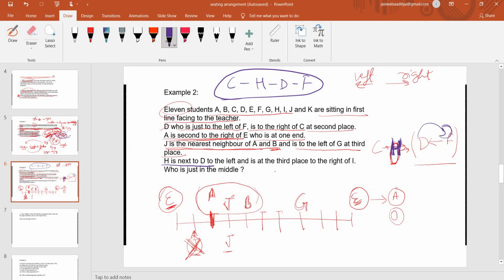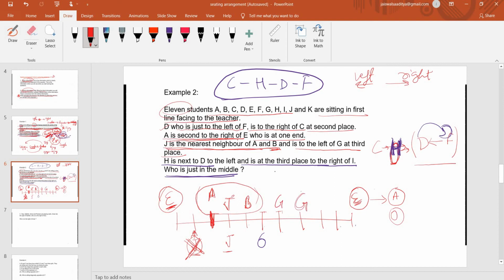Okay, H is to the left of D and at the third place to the right of I, who is just in the middle. See, okay, there is a mistake. Okay, I told you about this. G is going to be here. Why?